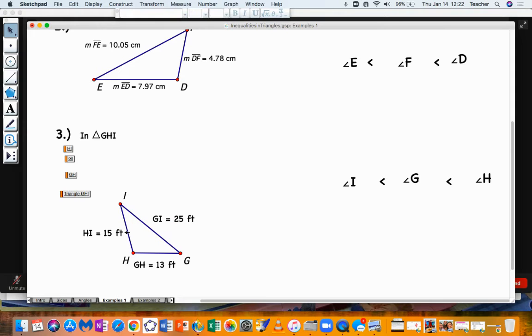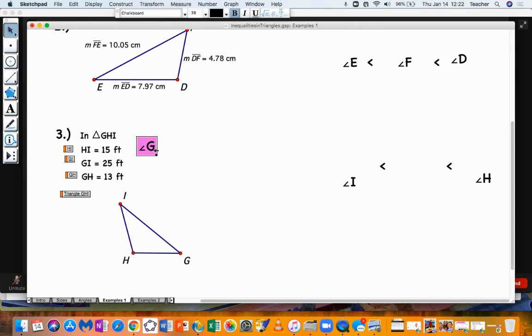Okay, now shortcut. Again, this is shortcut only if you choose to use it. If you don't, that's okay. I think it's a good idea to draw a circle. But you're going to see a pattern that, okay, if I'm talking about HI in a triangle GHI, side HI goes with angle G. Side GI goes with angle H, right?